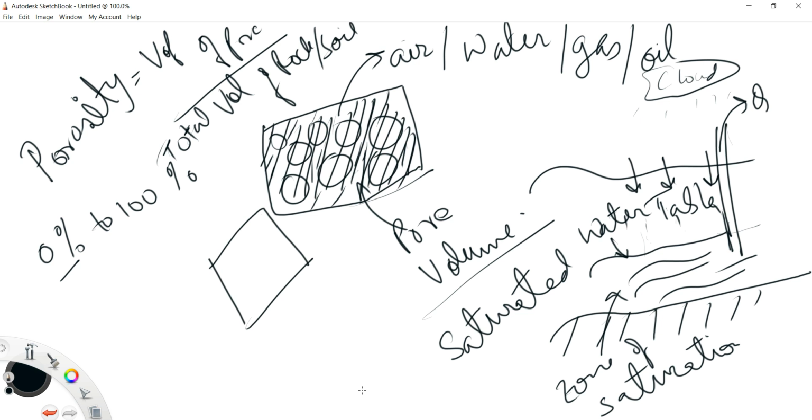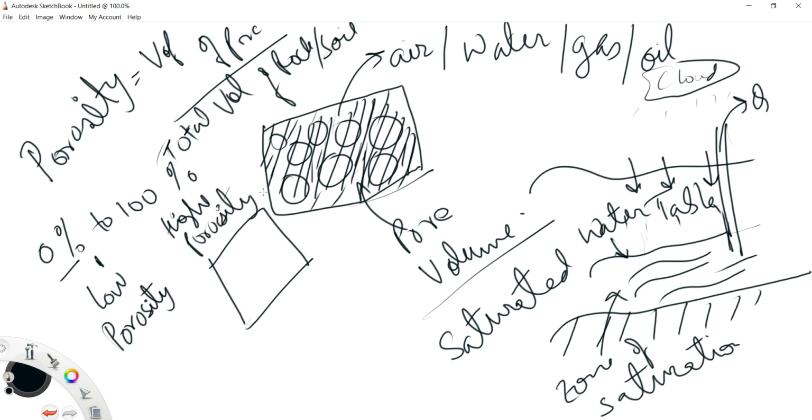And if the value ranges between 0 to 100%, the value which is close to 0% will mean low porosity, and the value which is near 100% will mean high porosity, right?